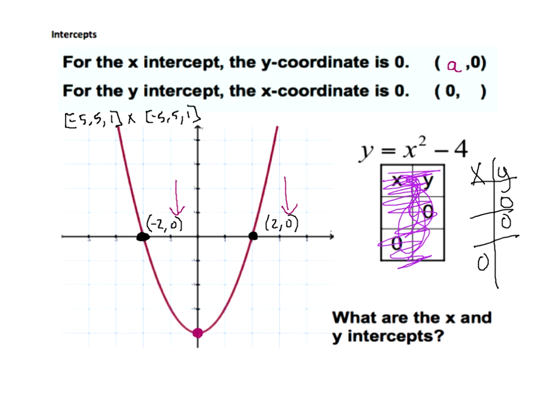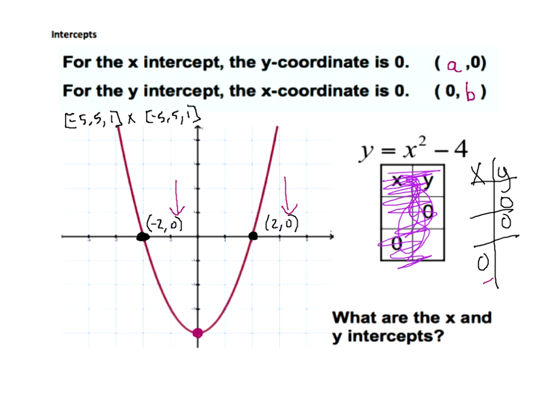If you're landing on the y-axis, you're going to have an x value of 0, and we call the general form of a y-intercept 0, B. We don't use x and y there because those are used in the functions. This is just to name the general x-intercept and the general y-intercept.